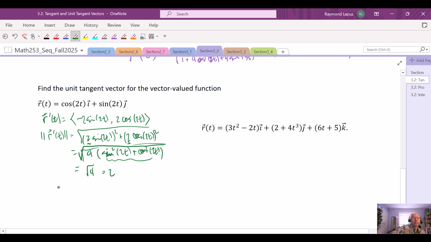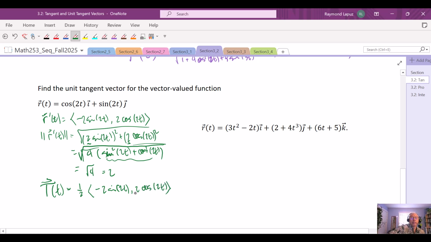Then we find our capital T of t, our unit tangent vector, and that's going to be 1/2 times negative 2 sine 2t and positive 2 cosine 2t.